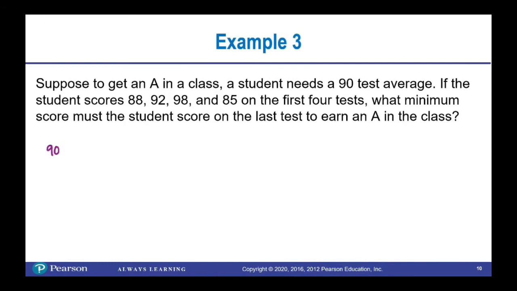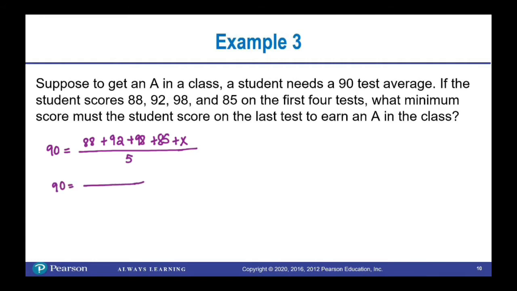We're going to add our test grades. So our first 4 test grades are 88, 92, 98, and 85. I don't know what the 5th test grade is, so I'm going to add X to that sum. There are 5 test grades total, so I divide by 5.